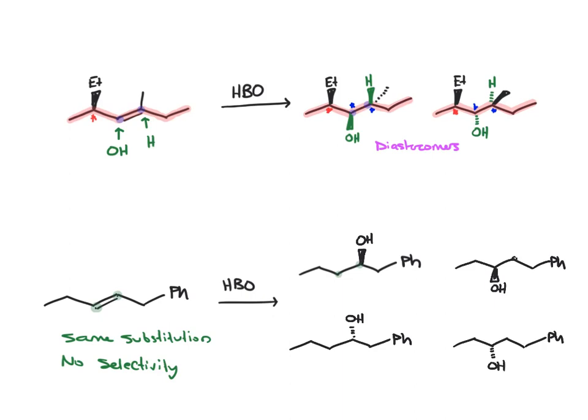You get that. So these two are enantiomers. These two are enantiomers. But if you compare the ones on the left and the right, those are constitutional isomers. So because we don't get Markovnikov selectivity, we actually end up with 4 products in this bottom reaction.